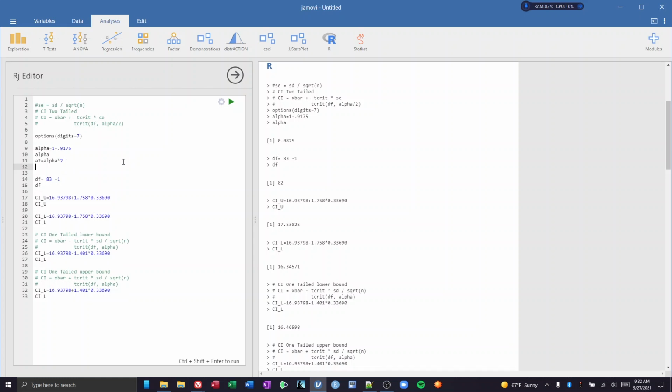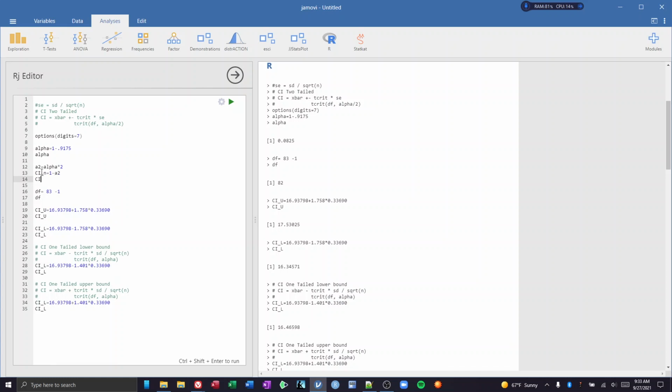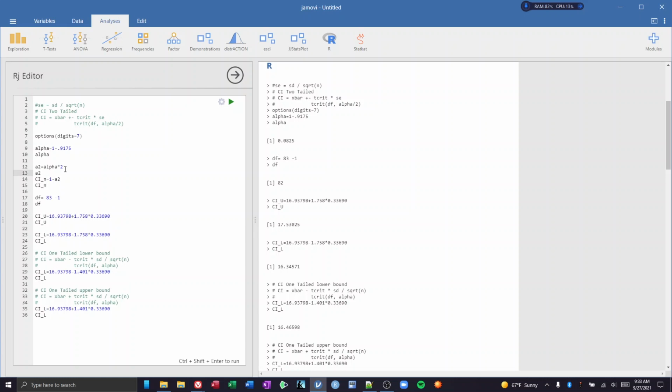And then we need this new confidence interval. So we'll do CI new equals 1 minus alpha times 2, and let's label it CI_N so we can see it. We'll see A2 as well. Let's just run this real quick.